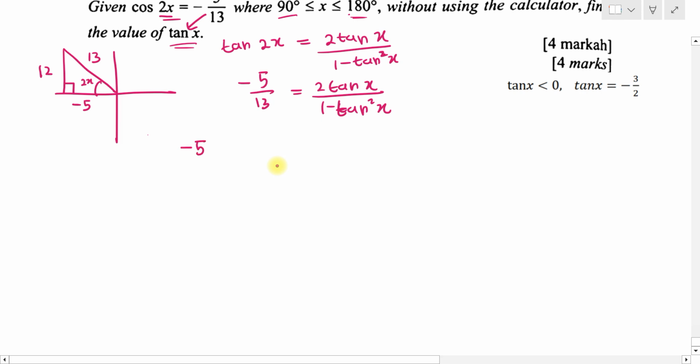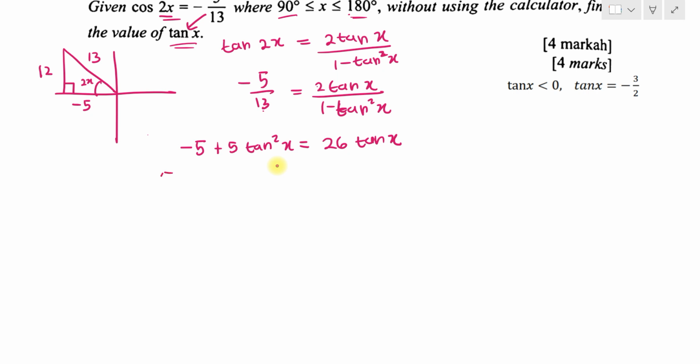You got negative 5 plus 5 tangent square x equal to 13 times 2, 26 tangent x. So 5 tangent square x minus 26 tangent x minus 5, okay, equals to 0.